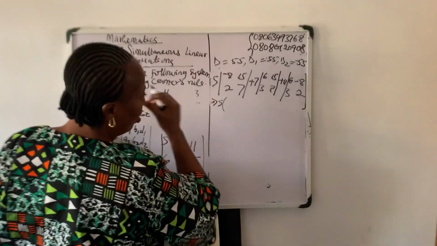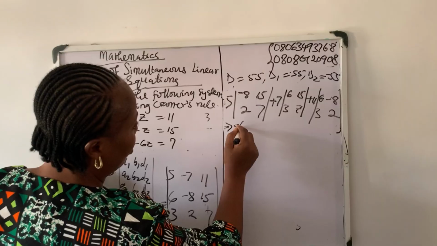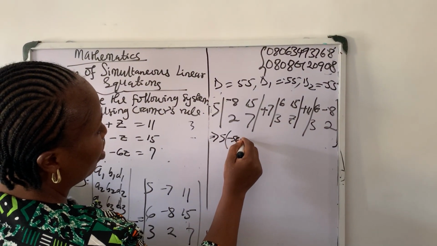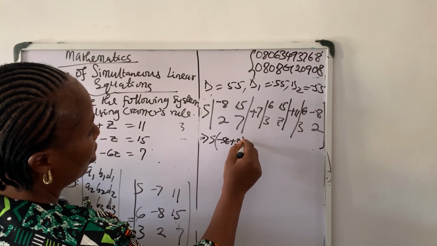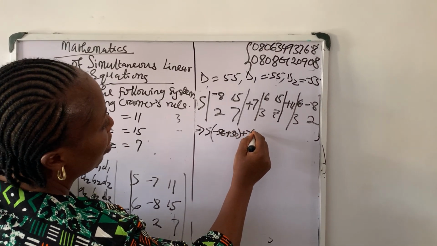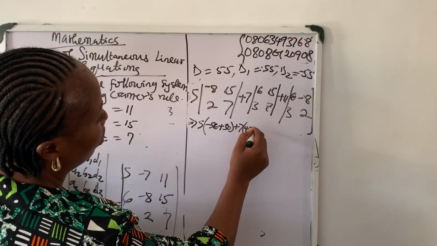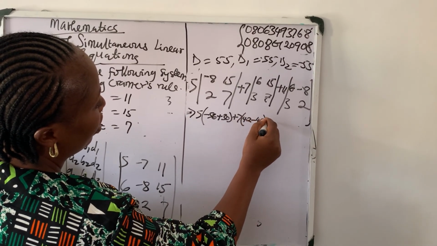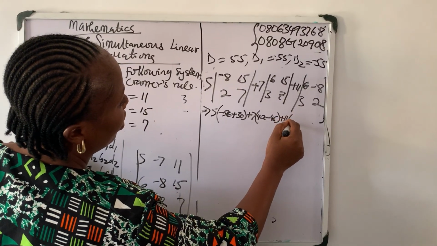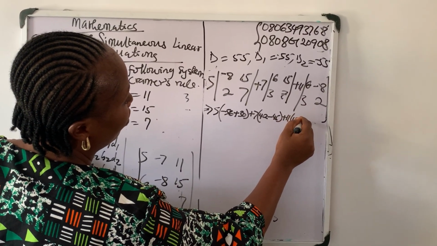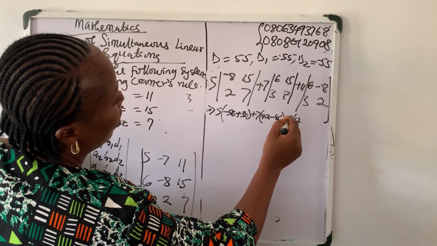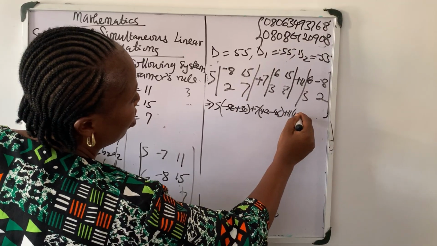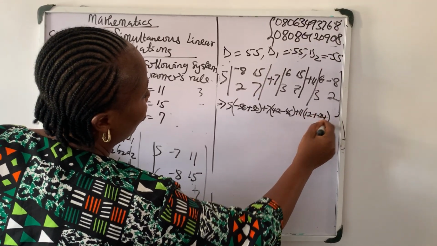Five into minus 8 times 7 is minus 56. 15 times 2 is 30. The next plus 7. 6 times 7 is 42. 15 times 3 is 45. Then we have plus 11. 6 times 2 is 12. Minus 8 times 3 is 24 times minus, plus 24.